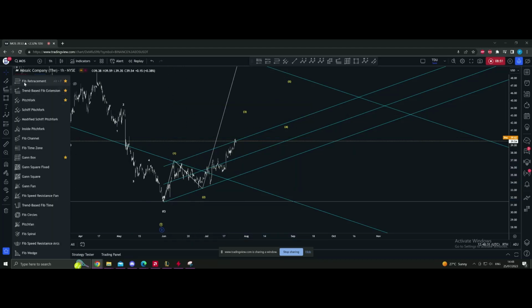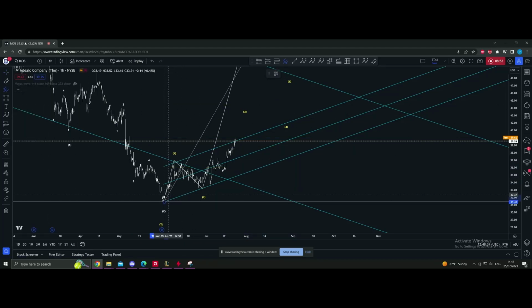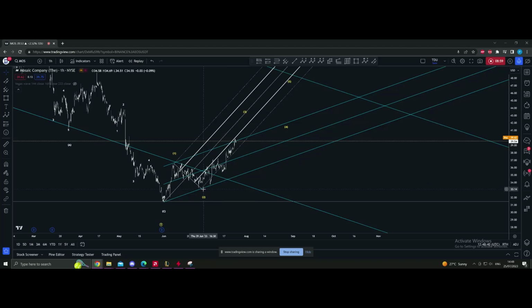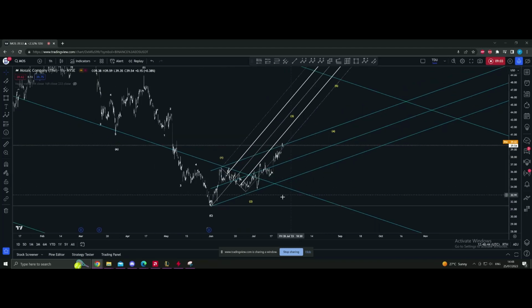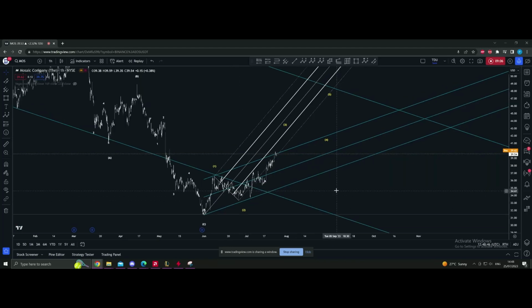We can use our pitchfork. This was the pivot actually. So I think this was a golden zone reaction as well.